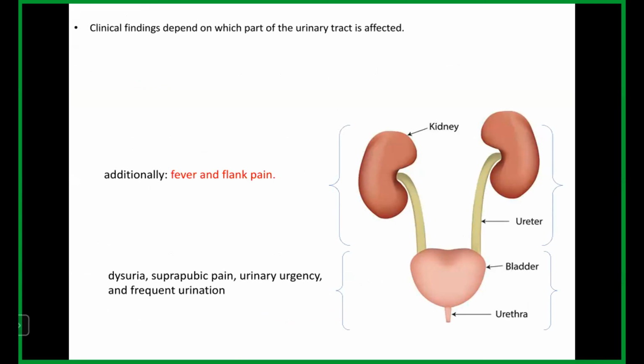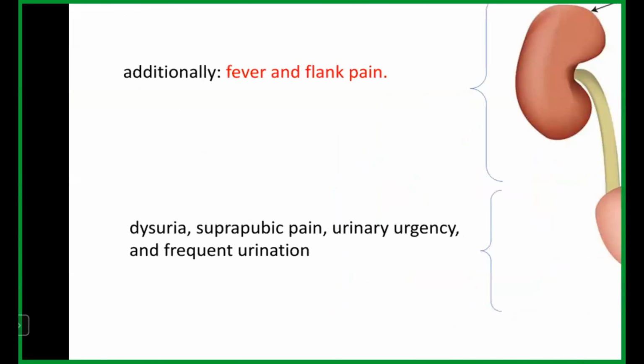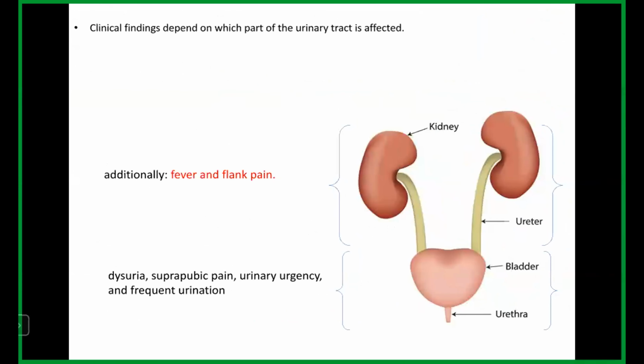For the lower infection, that means the bladder and the urethra, as we're seeing here, most of the time the patient has dysuria, suprapubic pain, or sometimes left or right back abdomen pain, urinary urgency, and frequent urination. For the upper urinary tract infection, we have these signs and symptoms plus fever and flank pain.